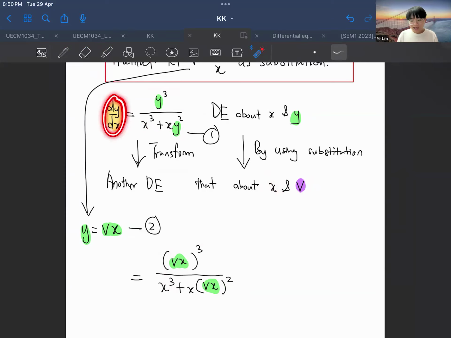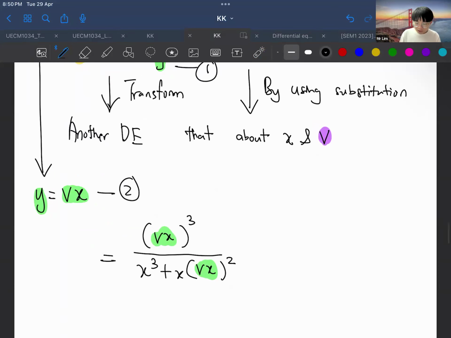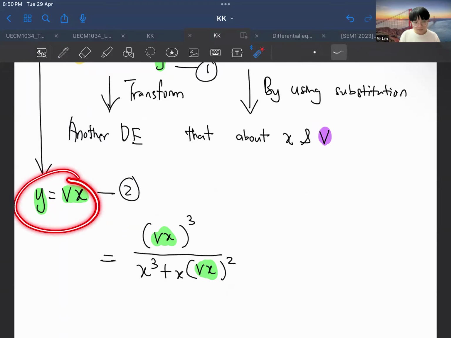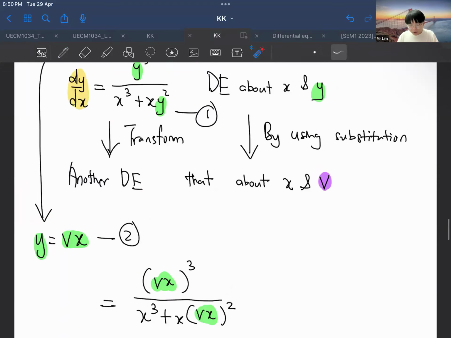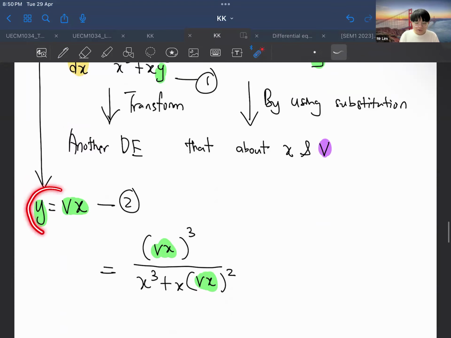But dy dx also I have to replace with other things, so I cannot leave my dy dx as dy dx. So how to do that? From equation 2, think about how to get dy dx from this equation.